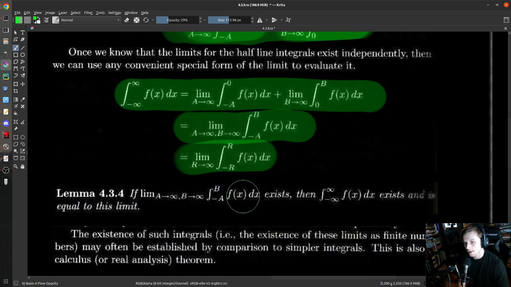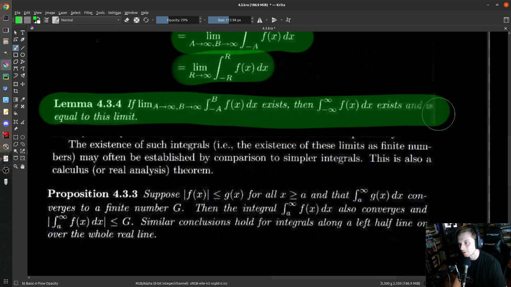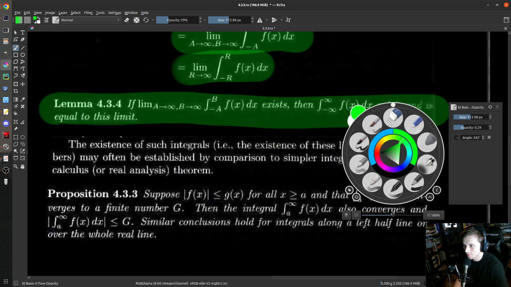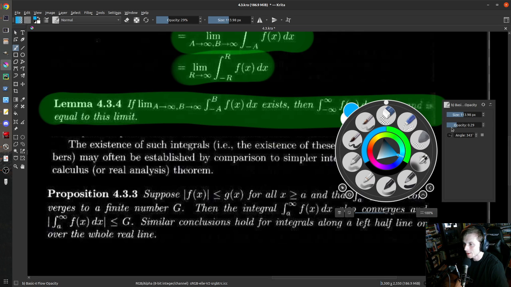So when you know it exists, you can do this, and it is often very convenient for us. Here's what I should say. Just to be clear, this is not a complex analysis theorem. This is one you've probably seen in, I don't know, calculus 2, I'd imagine.